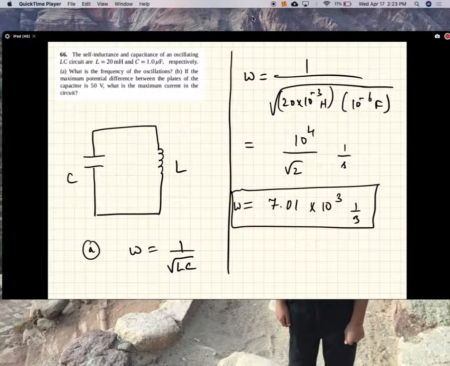And if you divide omega by 2 pi, it gives you f, and 2 pi is roughly 6.4, so roughly 1,000 hertz.